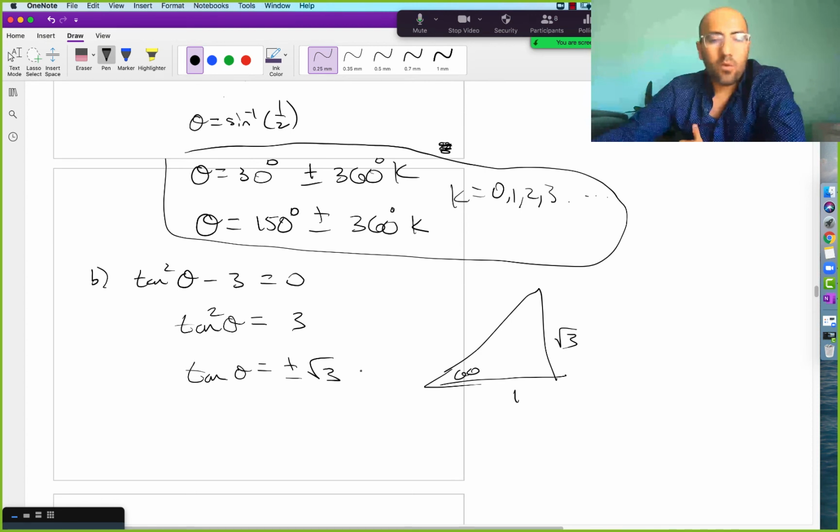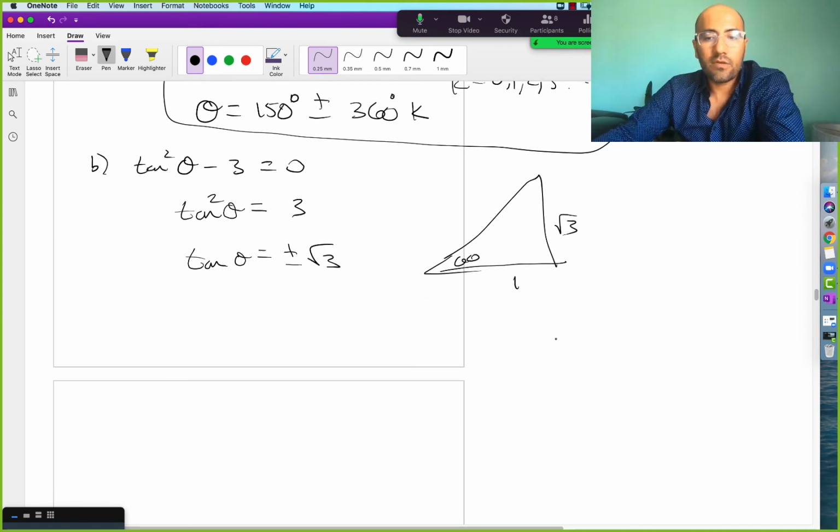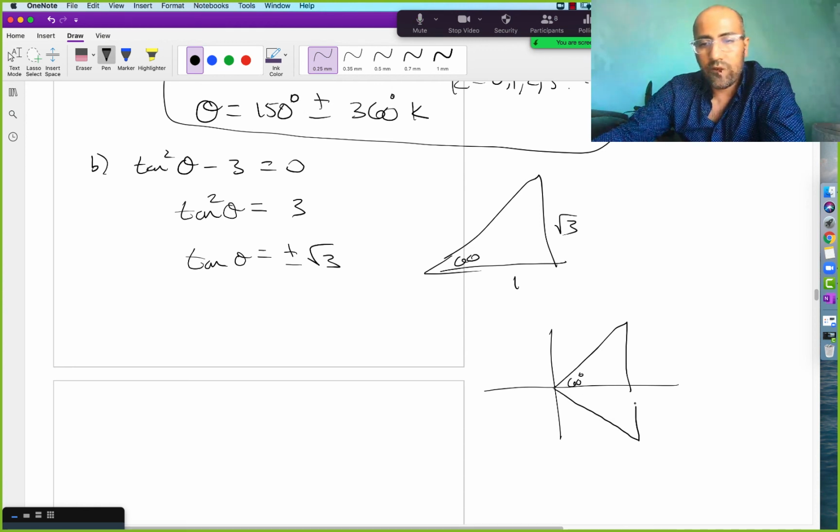But then in quadrant 2, there's going to be another one that works such that its reference angle is 60 degrees. Let's do quadrant 1 and quadrant 4. Quadrant 1, of course, was that 60 degrees. But then in quadrant 4, that's just going to be minus 60 degrees.